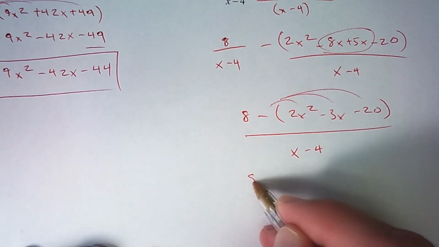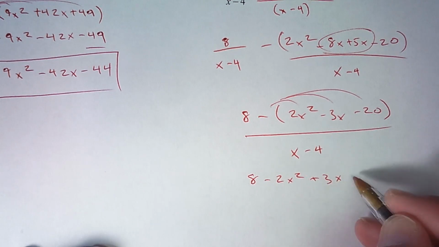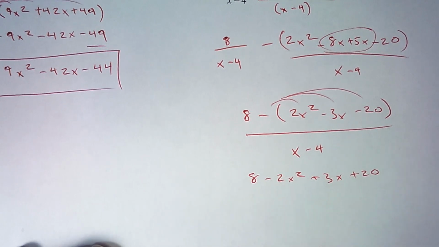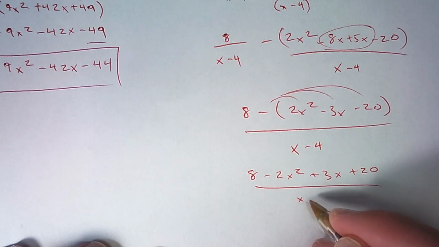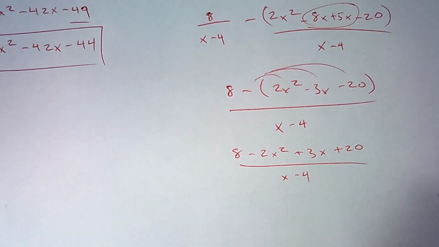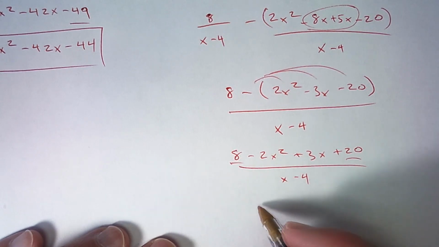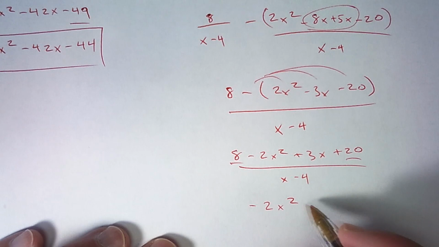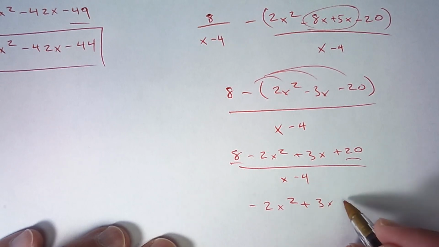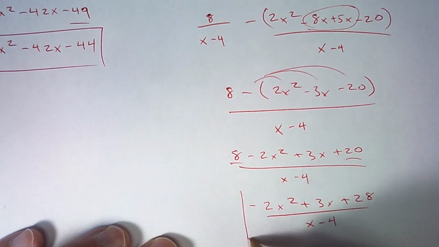So I've got 8 minus 2x squared plus 3x plus 20 over x minus 4. And then combine my like terms. So I have negative 2x squared plus 3x plus 28 all over x minus 4.